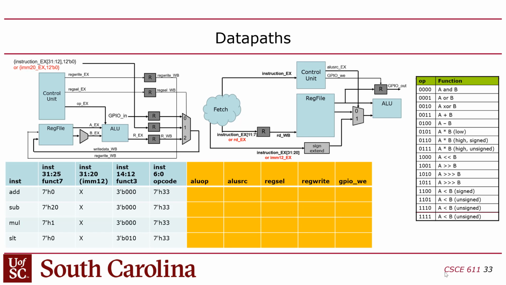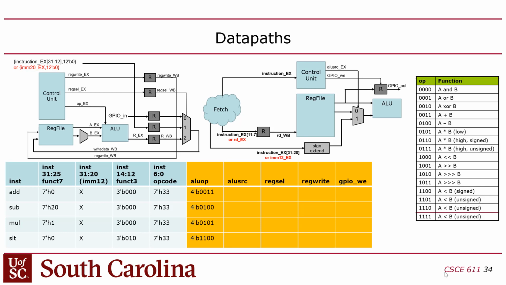So ALU op is pretty much, you just have to cross-reference this to that table. So add, you look up add, which is 0011. Subtract, that's 0100. Multiply, 0101. So you just look it up, right?